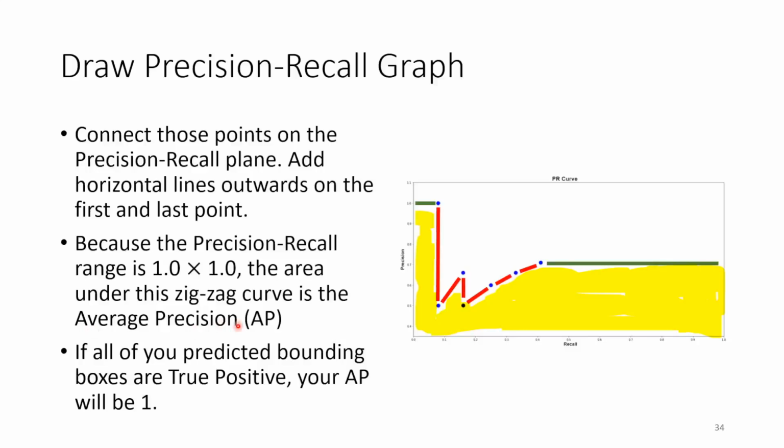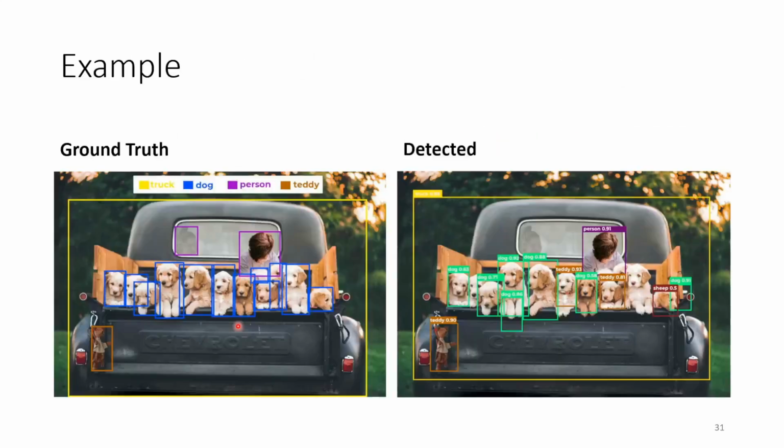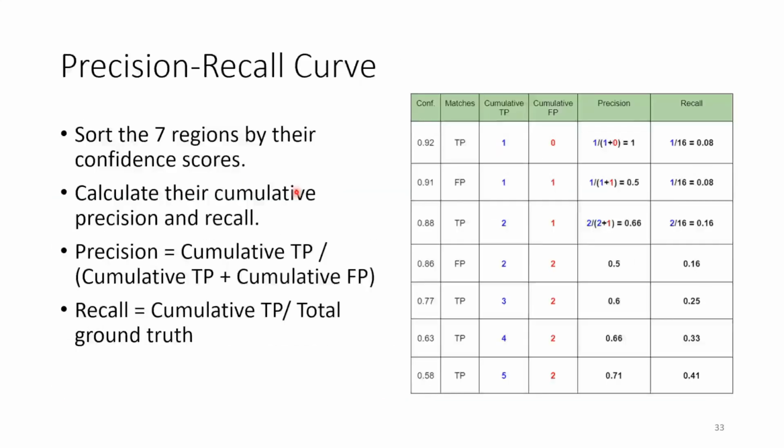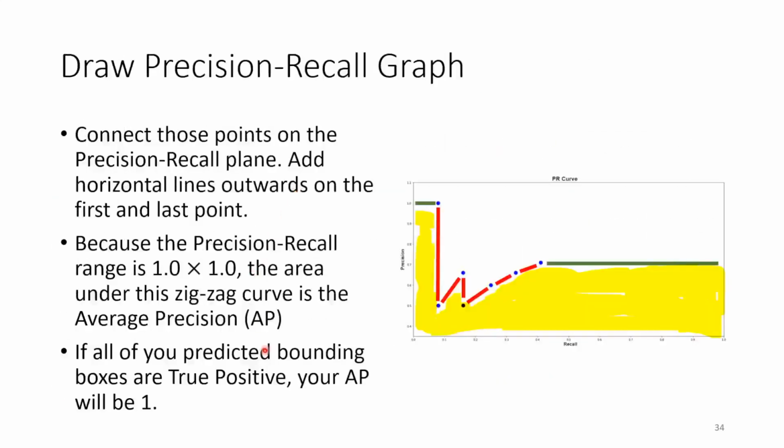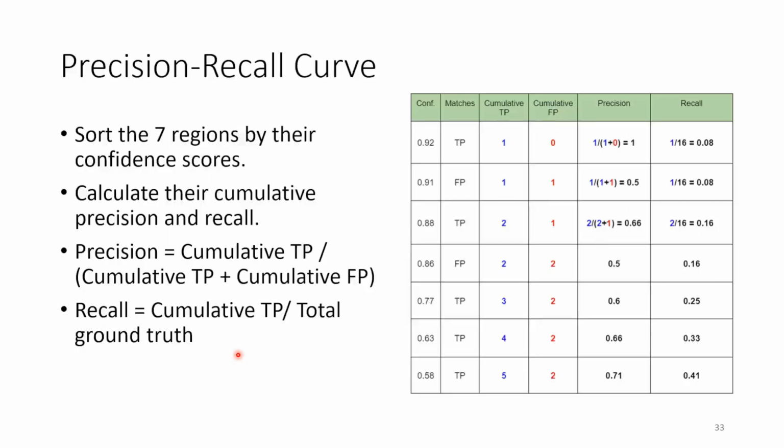Okay, for dog only. We also need to calculate the average precision for truck, for person, and for the teddy classes. So you will have 4 average precisions, right? And the mean of the 4 average precisions is the mean average precision.